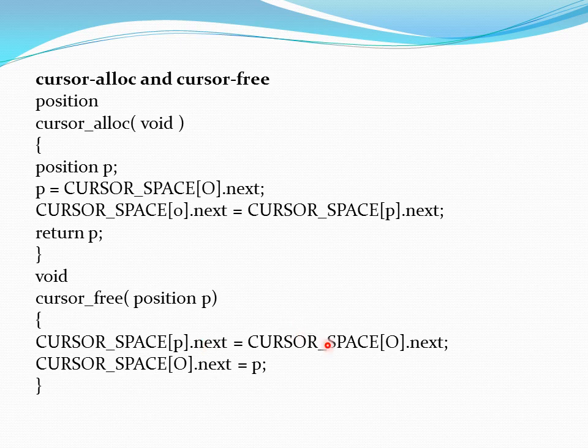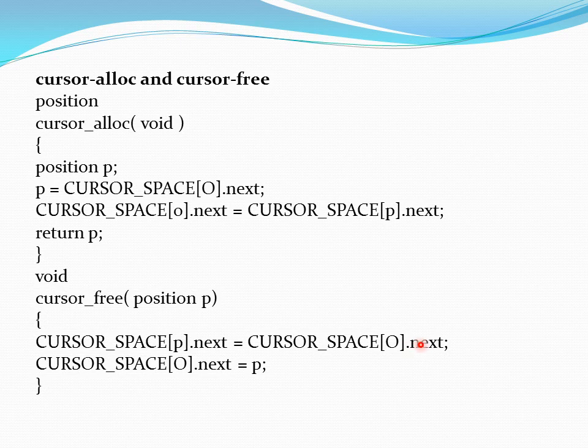Free list is from 0 index. So here cursor space of P dot next, next field of position P, we are inserting the next field of position 0.